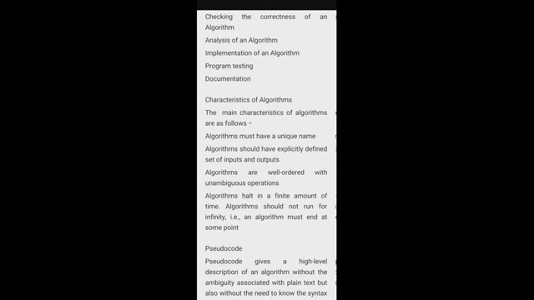The next thing here is that algorithms are well ordered with unambiguous operations. So every step along the way, every iteration or operation should be well defined. That is, after this step, move to step 3 or step 4.